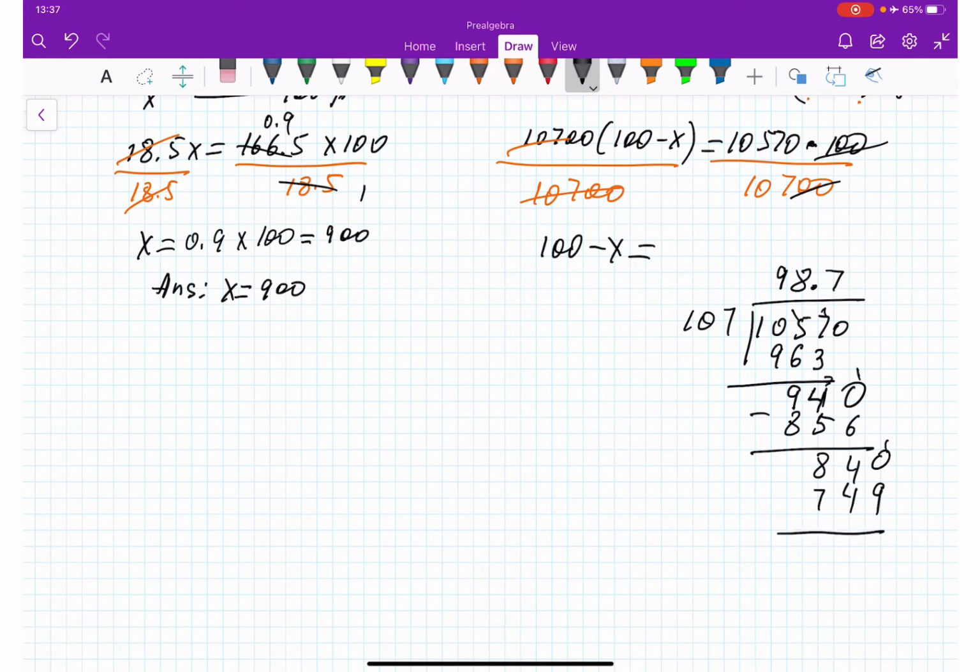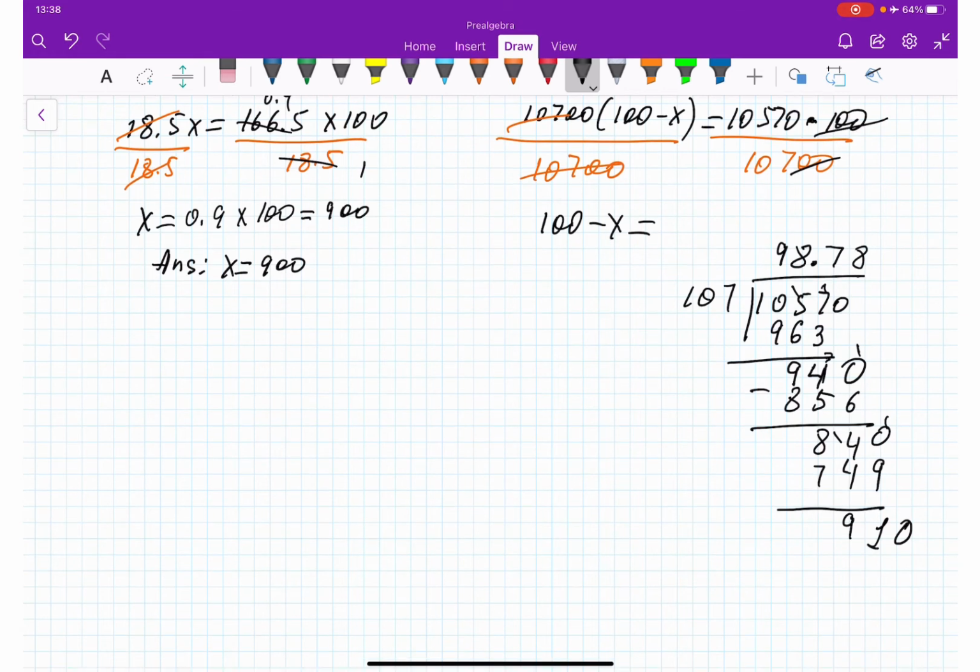So 10 minus 9 is 1. 13 minus 4 is 9, 1 left. With 0, it's going to be 8 times. I think it will be enough, because we need only 1 decimal place. So 8 times 7 is 56, and here is 8. So approximately 98.78, which is going to be 98.8.